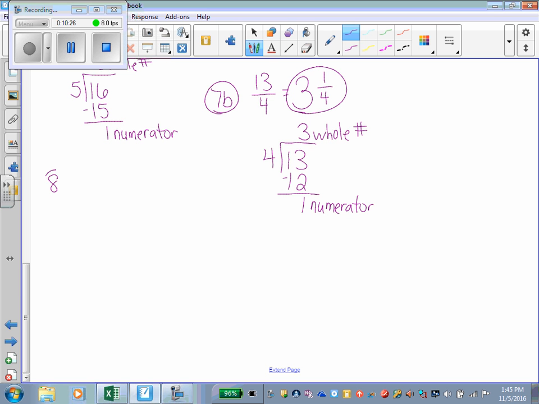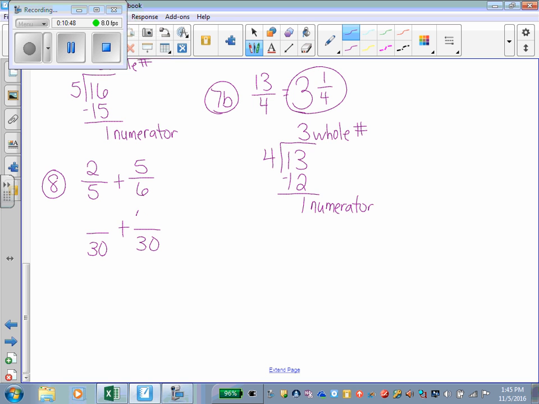Number 8, we're back to just simple adding of fractions. 2/5 plus 5/6. Our denominator is going to be 30. That's 5 times 6. When we multiply our denominators to get our new denominator, that's when we can do our cross multiplying.